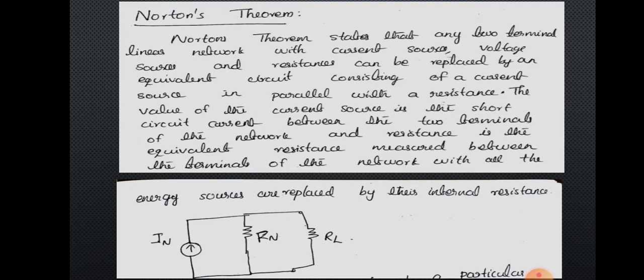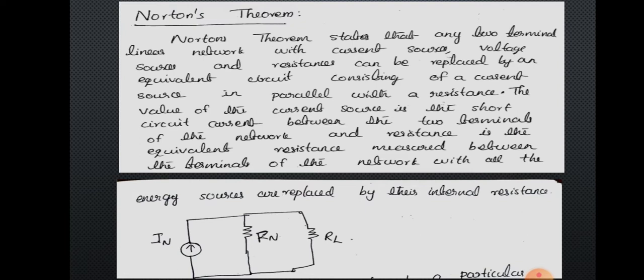So if we are given a complex network, we can represent that complex network by a simple network with a current source and a parallel resistance. So Norton's theorem states how we can convert a complex network into a simple network.